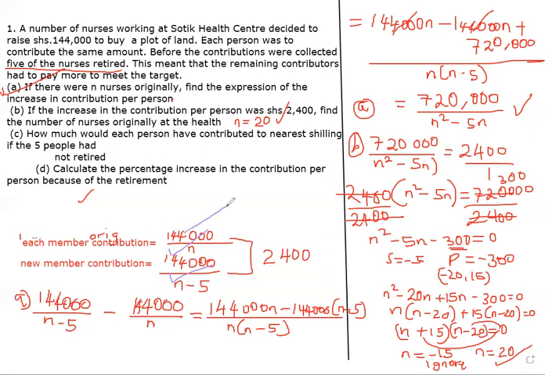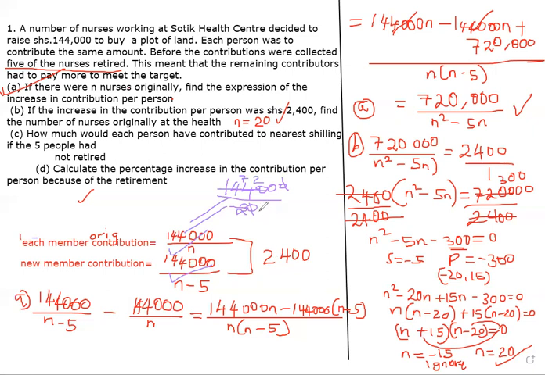So we are supposed to take, because we've concluded our n as 20, so we divide 144,000 by 20. 0 cancels 0, this is 2, and 72.